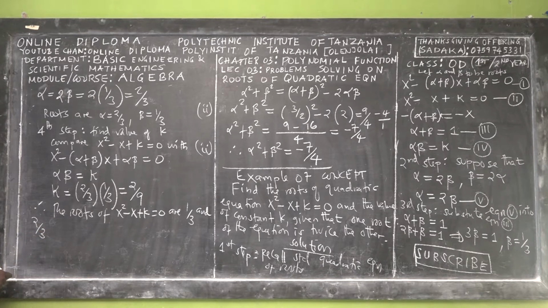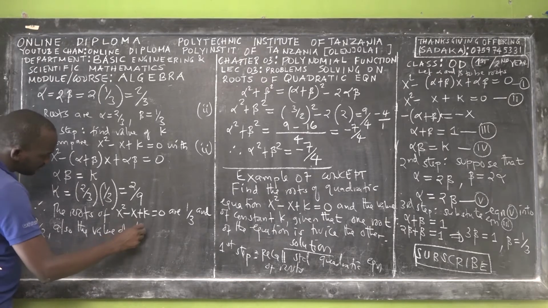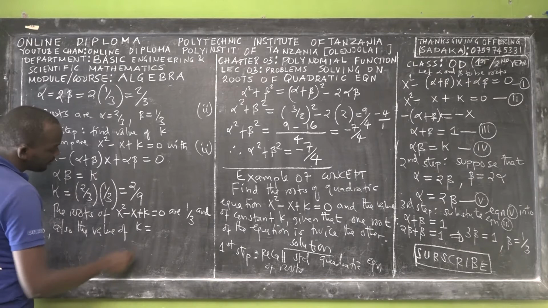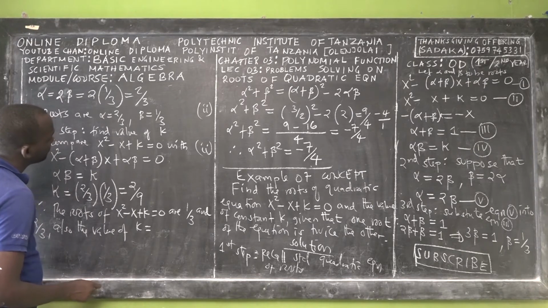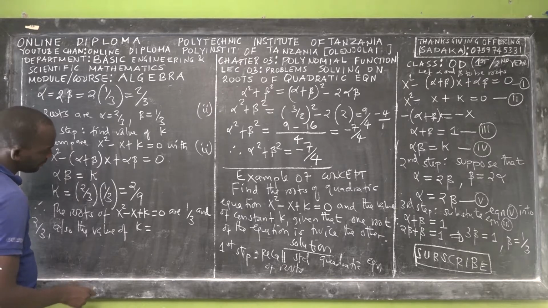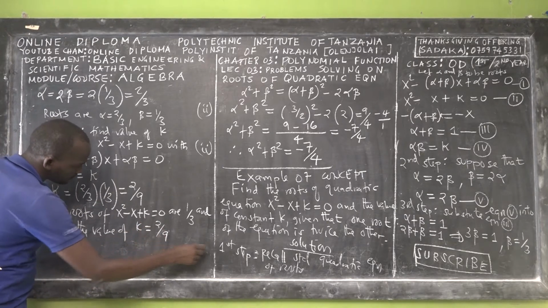Also the value of k is equal to what? The value of k we found is equal to 2 over 9.